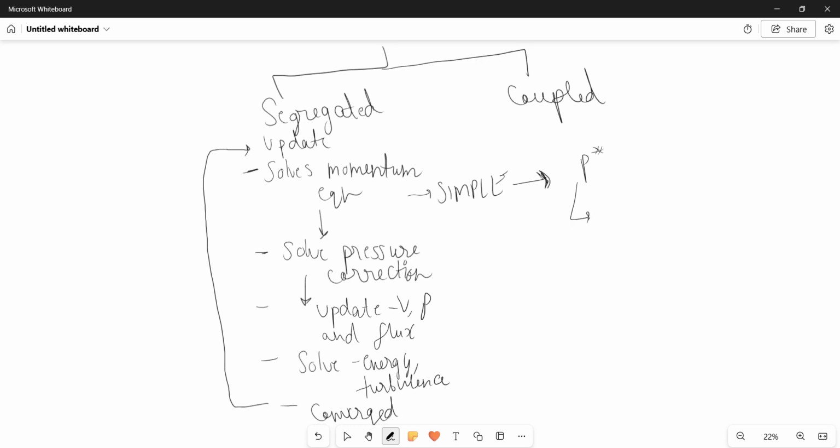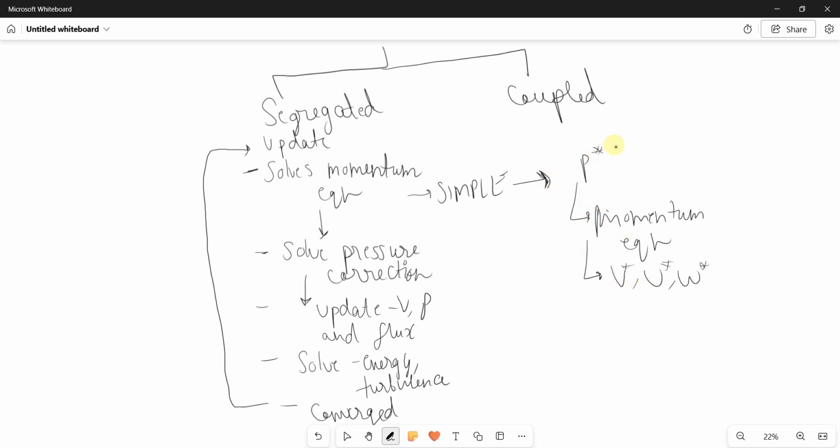You put it in the momentum equation, right? Now with this you get values of v, u, and w. So v star, u star, w star. So these stars mean it's just assumptions, right?